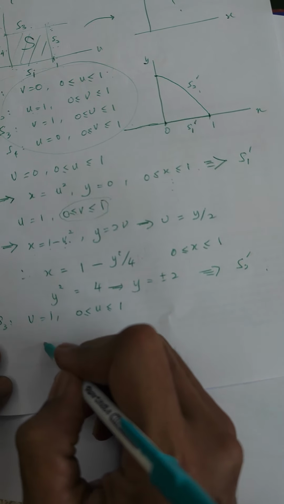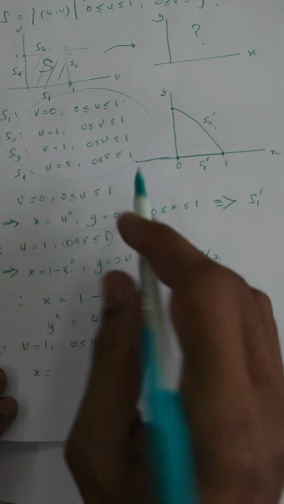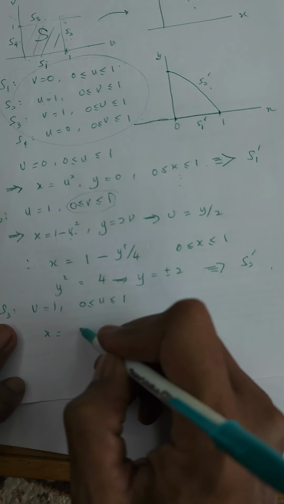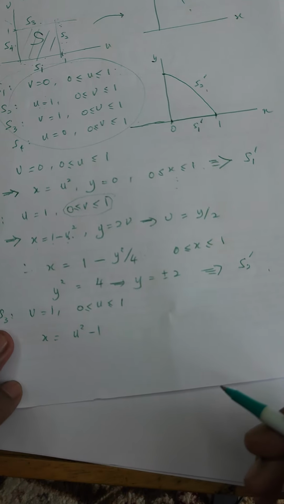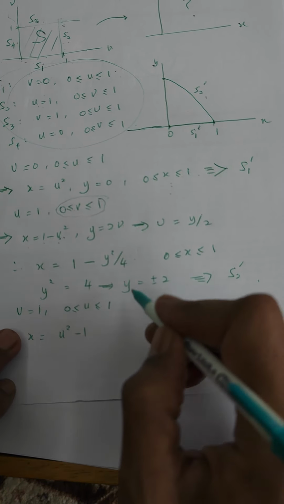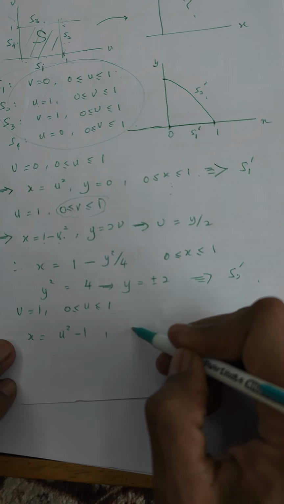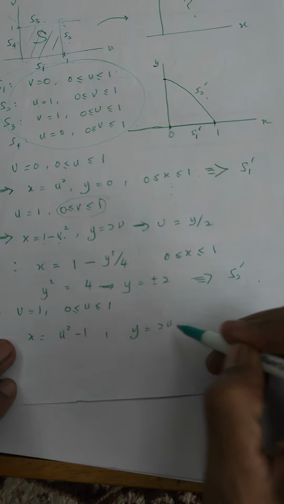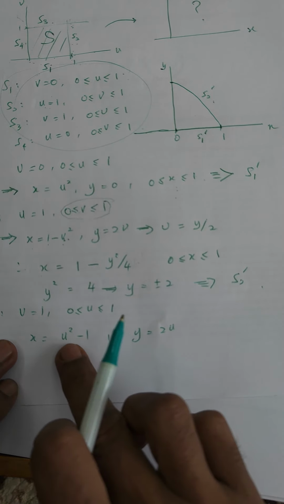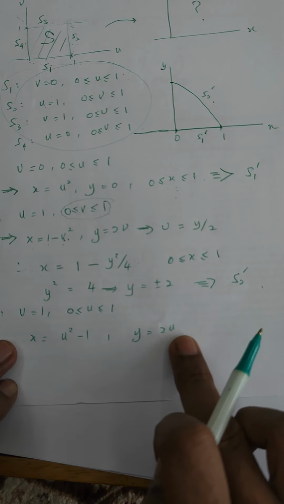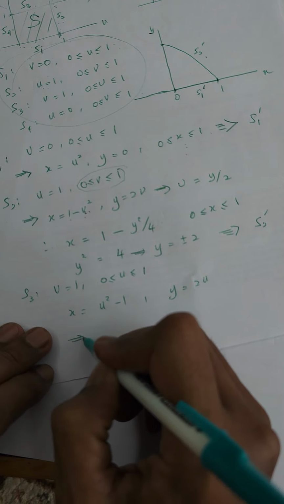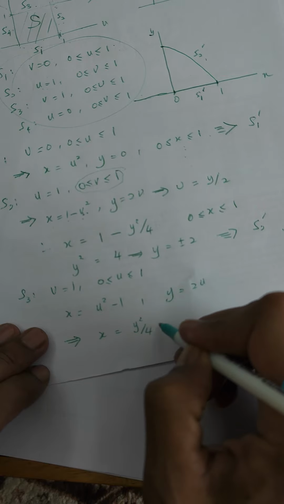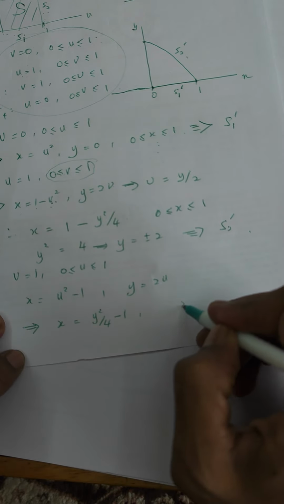We have X equal to U squared minus 1, and Y equal to 2U. Now if we eliminate U, we get X equal to Y squared over 4 minus 1.